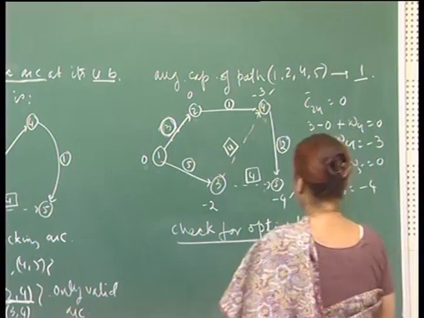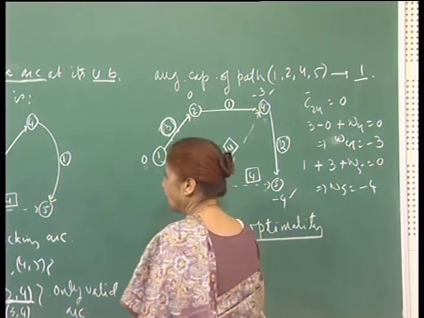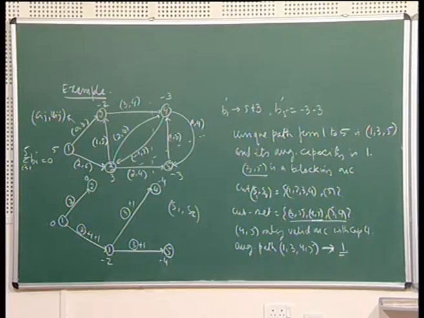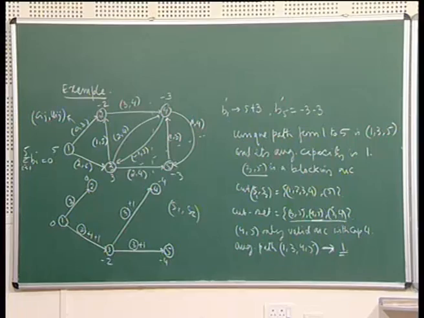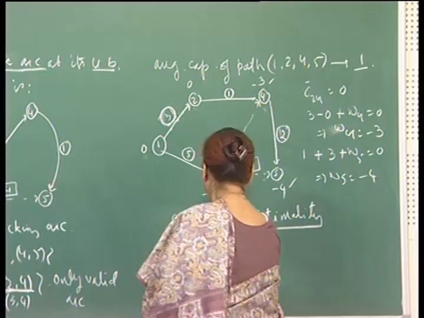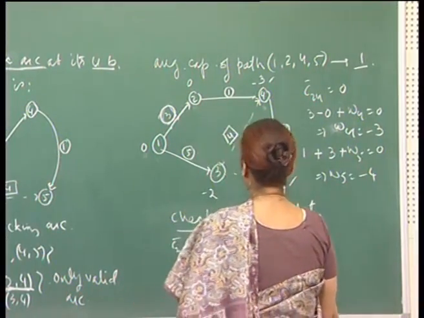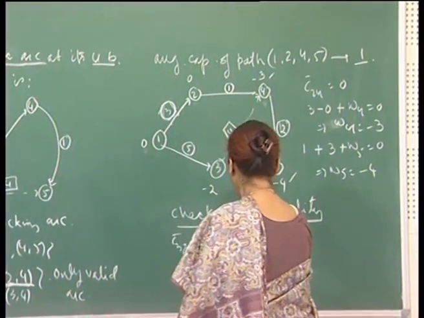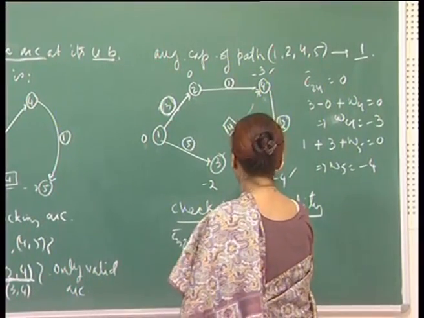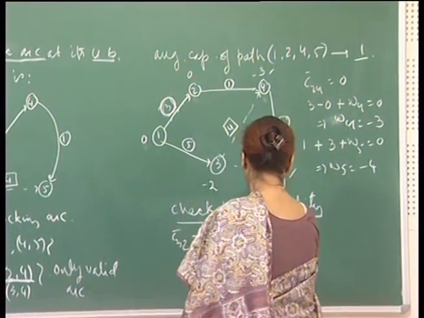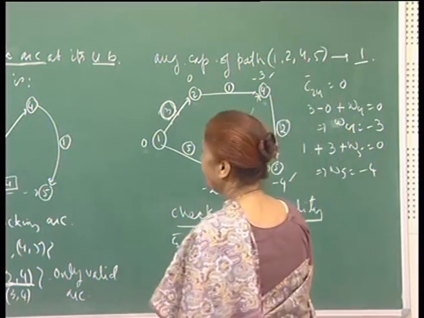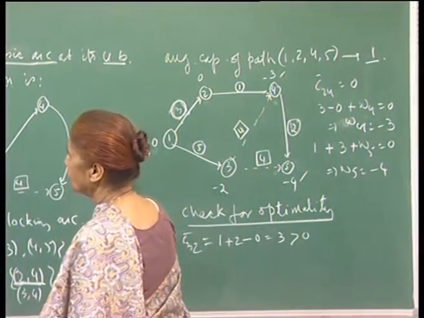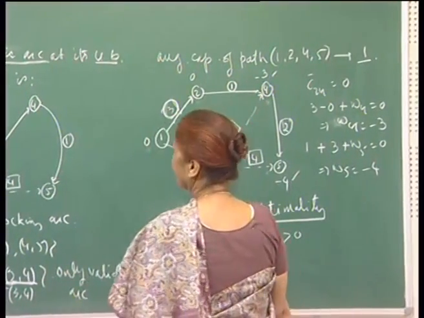And now, let us quickly check for arc 3 2, right. So, C bar 3 2: the cost of 3 2 is how much? 1. So, 1 minus W 3, which becomes plus 2, and this will be 0. So, this is 3, which is greater than 0, fine, right. And what is the other arc? The arc you have is 4 3.